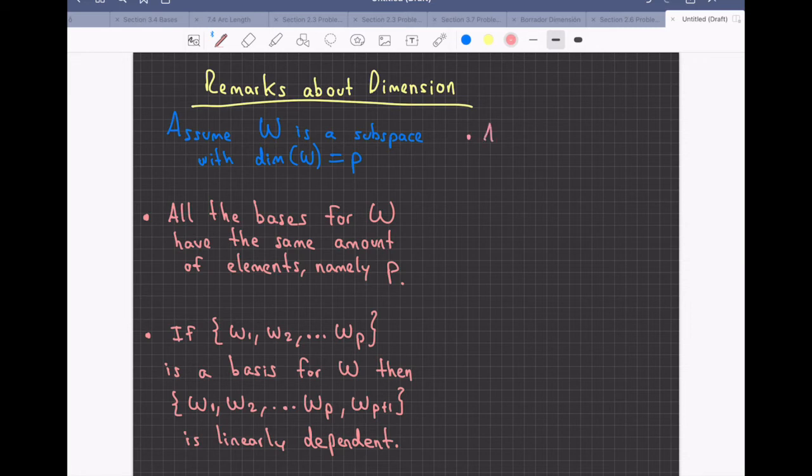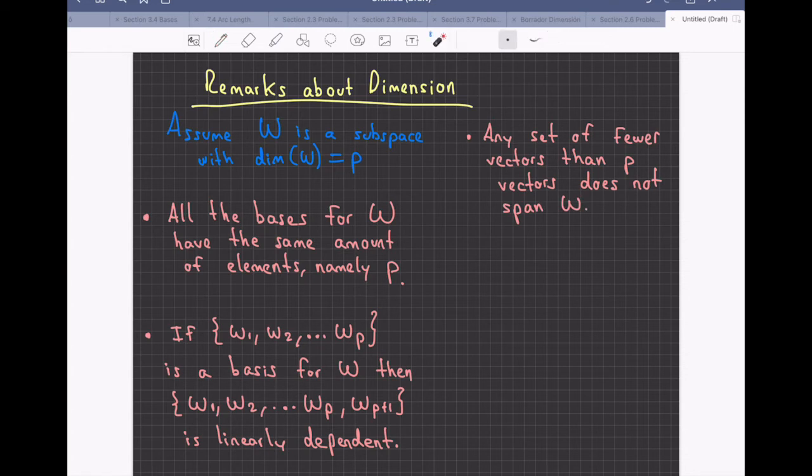Other property, any set of fewer than p vectors does not span W. So if we have a set that has less than p vectors, it's impossible that that set can span the subspace W.